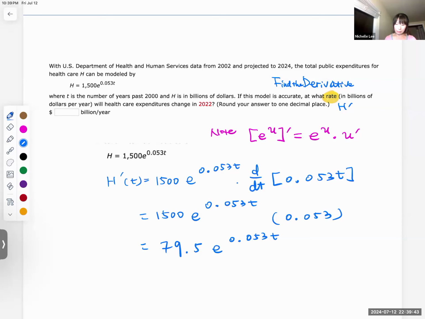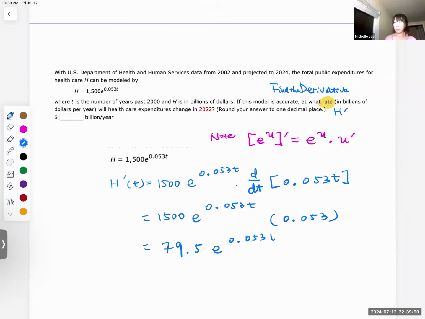Now we have billions of dollars per year. So billions, this is correct, billions of dollars per year.